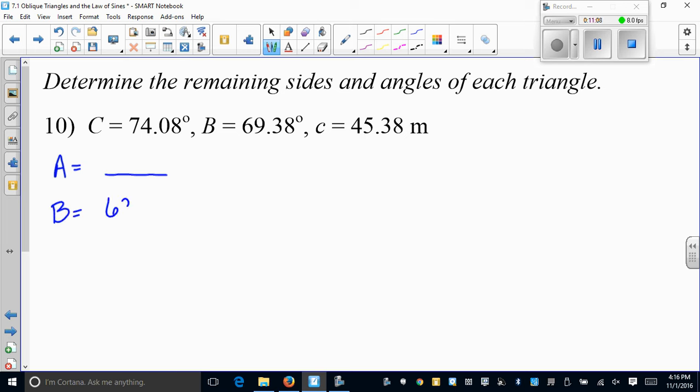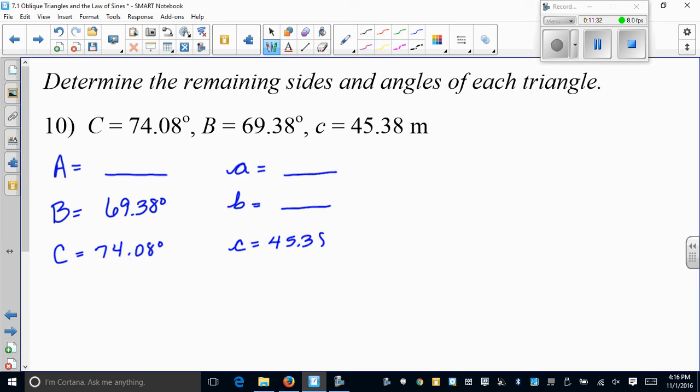Angle C is 74.08 degrees. Little a, they didn't tell us what it is. Little b, they didn't tell us what it is. And little c, they gave us is 45.38 millimeters. There's our given information. We will use C on both of the problems.